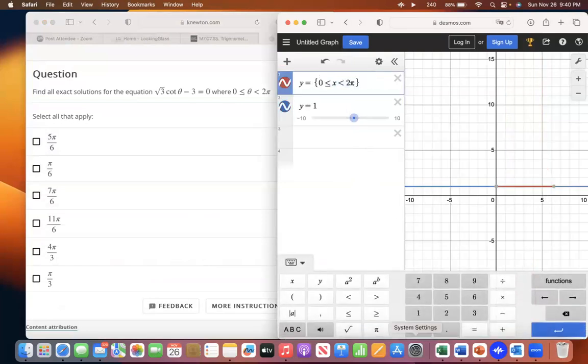Square root of 3 cotangent x minus 3. So it's under the root there.